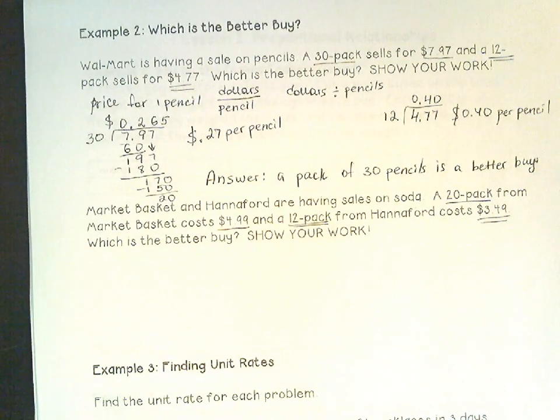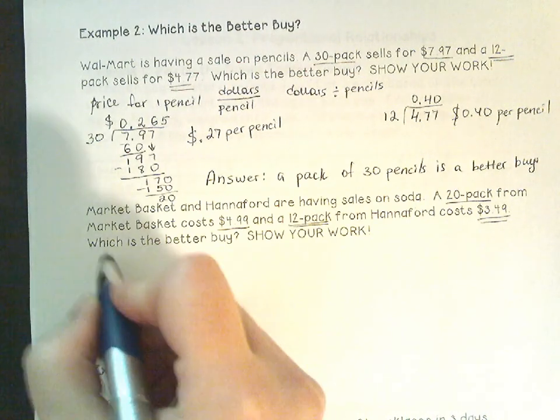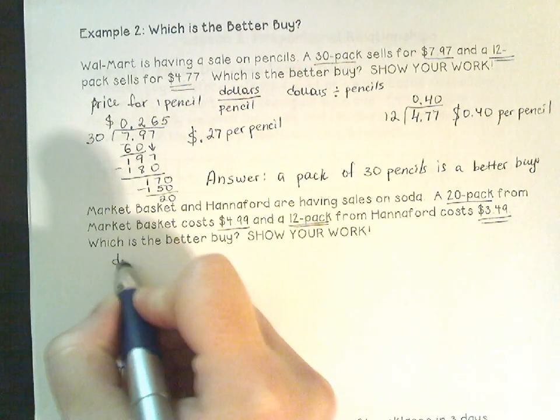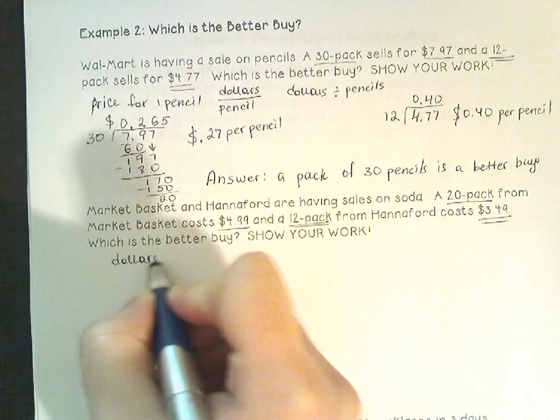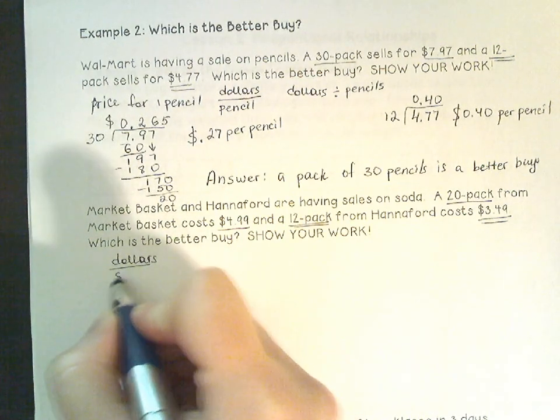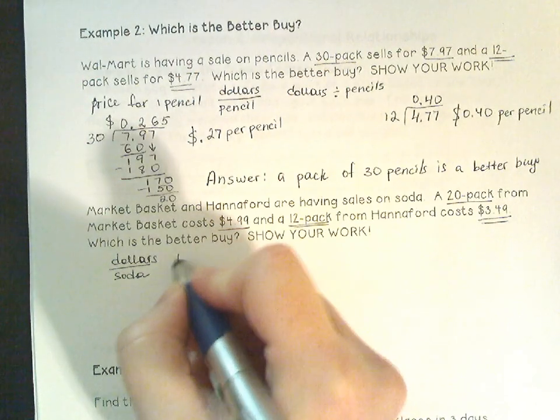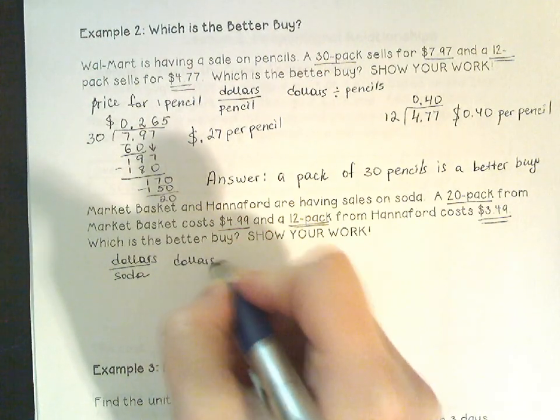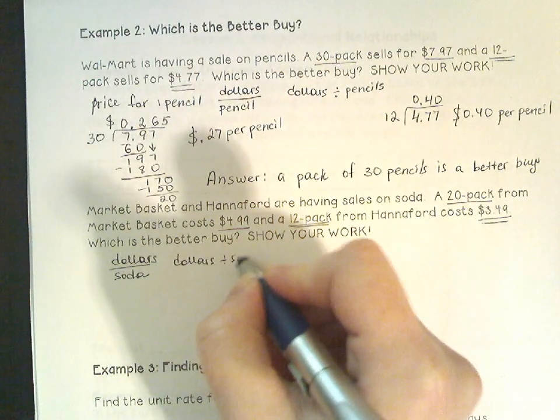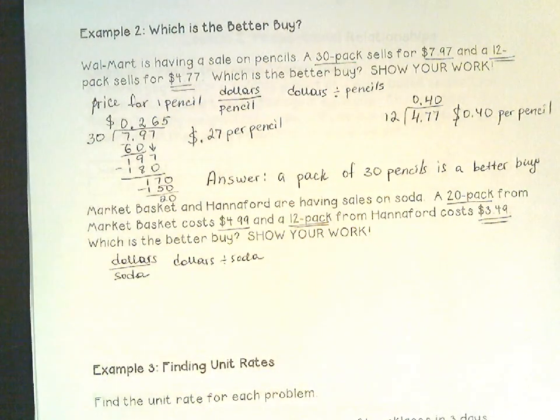Okay, so what I want to do is to see how much per each soda I'm going to pay. So I'm looking for dollars per soda. When I'm looking for dollars per soda, I'm dividing dollars by the soda cans.